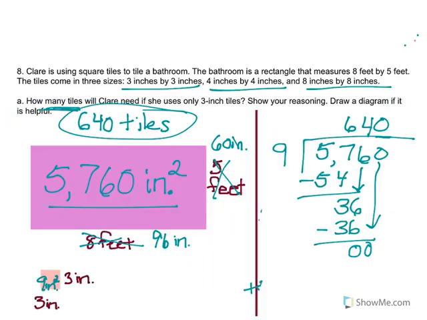So if we go back to our drawing, remember we changed it to 96 by 60. The side that's 96 inches is a multiple of 8. So we could fit 12 of the 8-inch tiles across. But the problem is the side that's 60 inches, 8 does not go into 60 evenly.